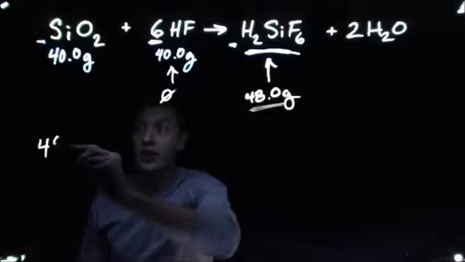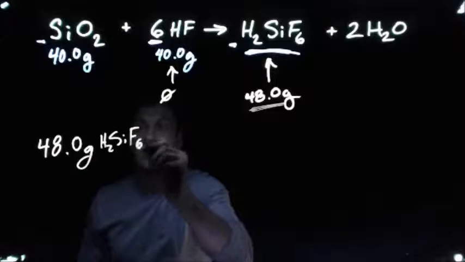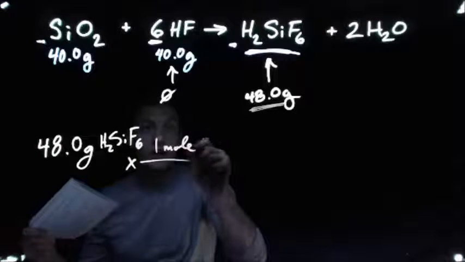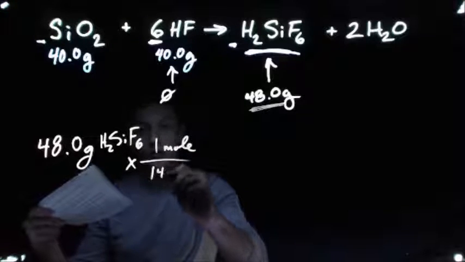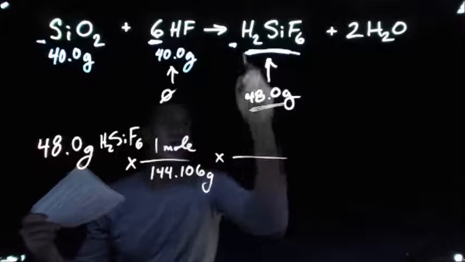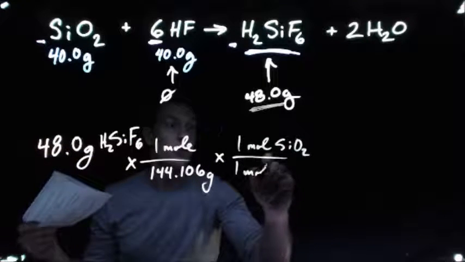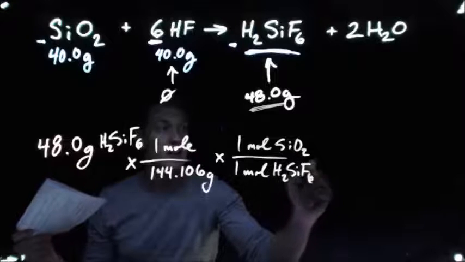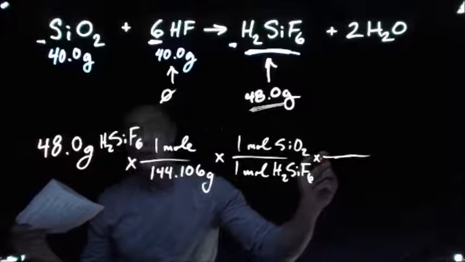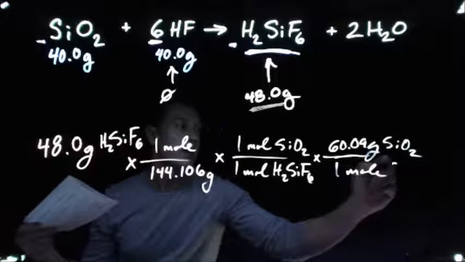So it's going to be 48.0 grams of H2SiF6 times, and we had it up there a moment ago, it is 1 mole of that guy for every 144.106 grams times, and then it is 1 mole of SiO2 for every 1 mole of H2SiF6, and then we'll want to convert that to grams, and so we had found earlier that it is 60.09 grams of SiO2 for every 1 mole of SiO2.